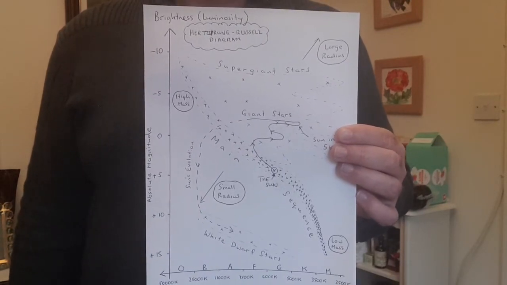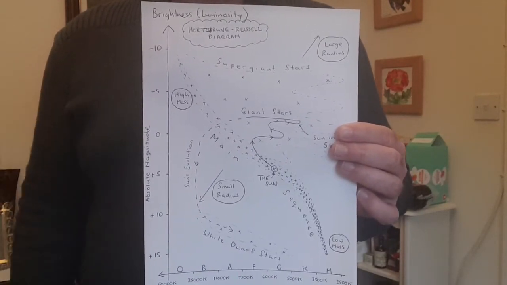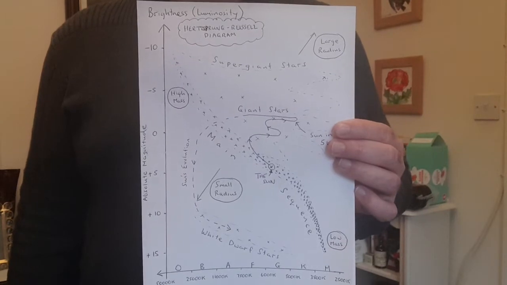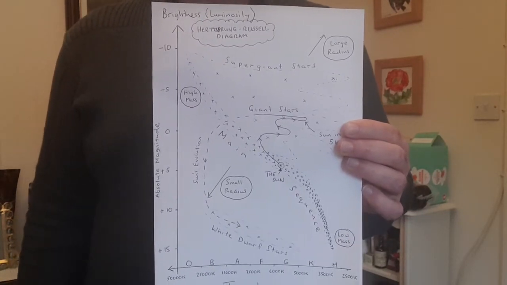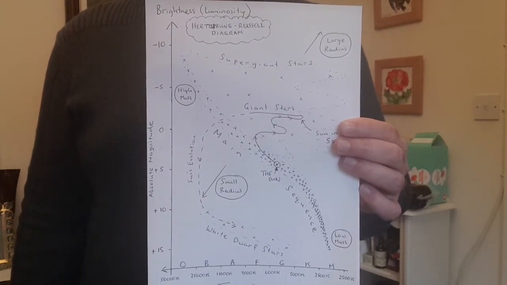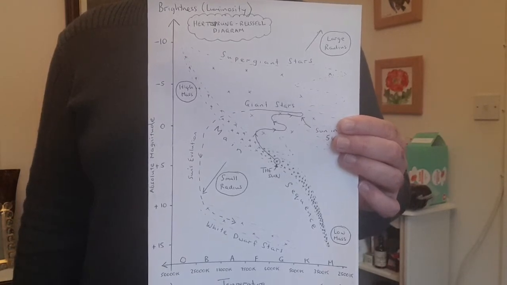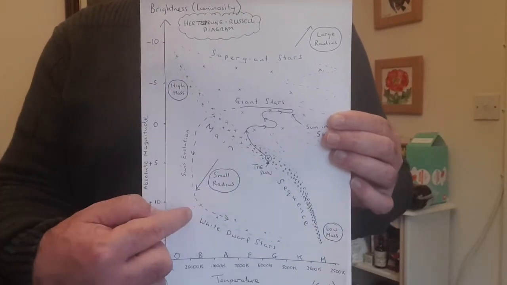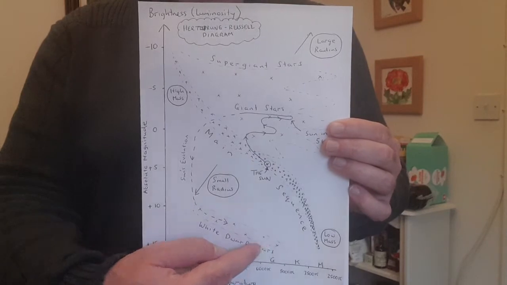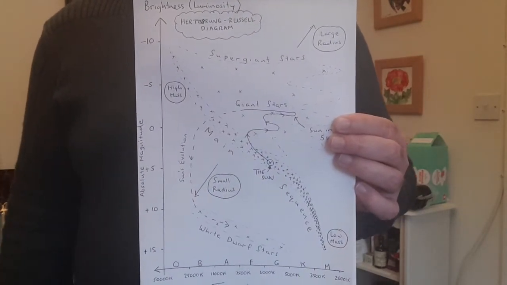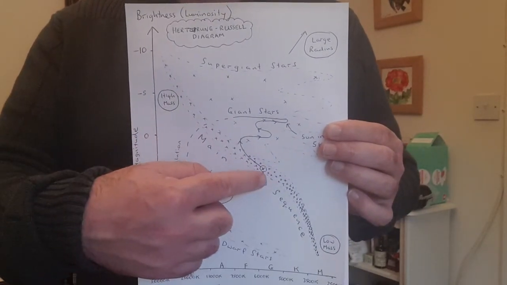That white dwarf will carry on radiating energy into space. It'll cool down for the next trillion, 2 trillion, 10 trillion years. We don't know for sure. It'll take a long time to cool down, and eventually it will cool down along this path here. So that's the evolutionary path of the sun.